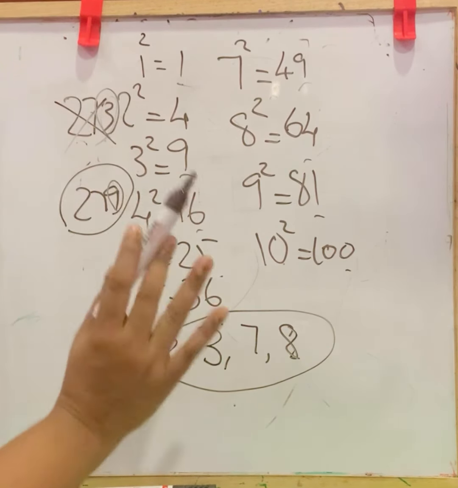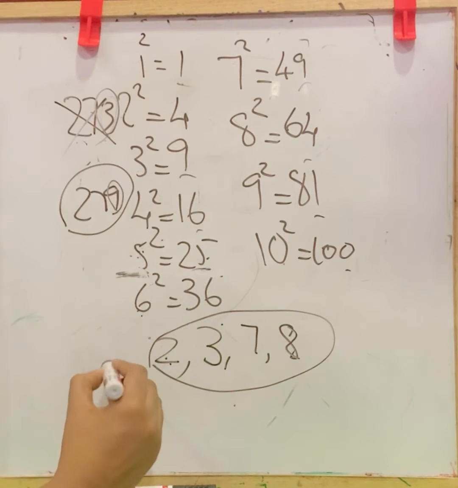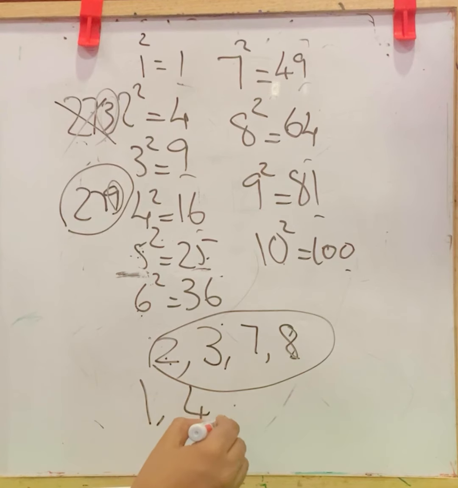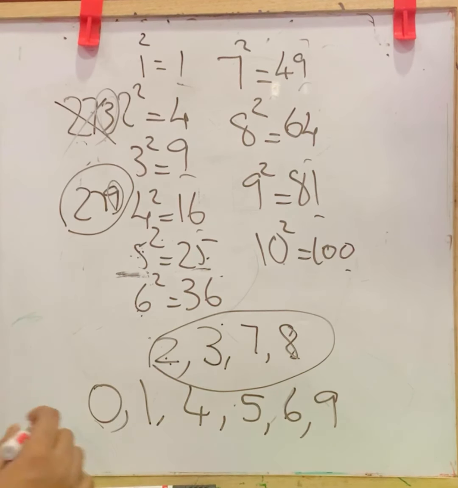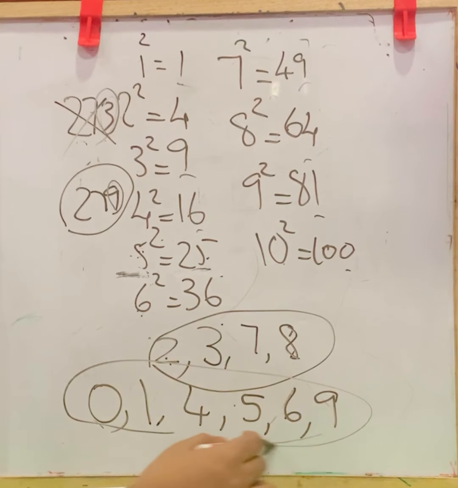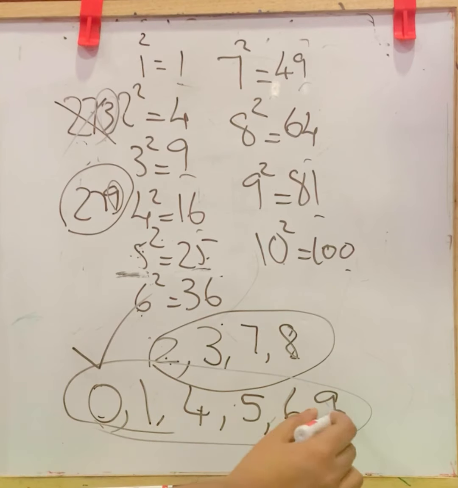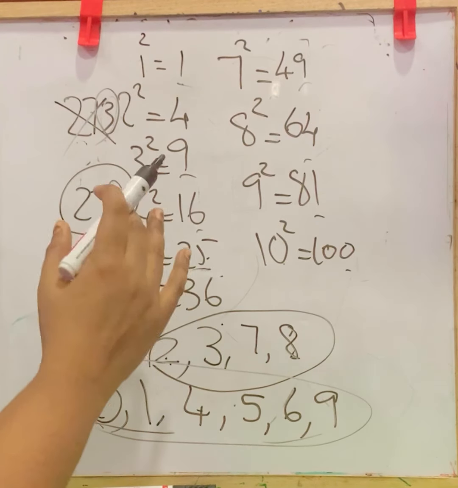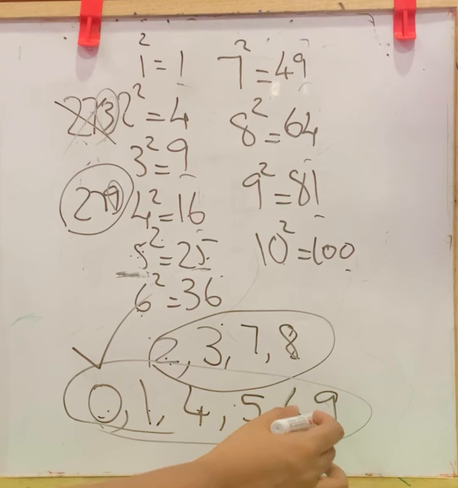The only possible units digits in a square number are 1, 4, 5, 6, 9 and 0. We can't say all the numbers ending with these digits will be a square number. But we can say vice versa. That is, a square number will always end with the digit 0, 1, 4, 5, 6 or 9.